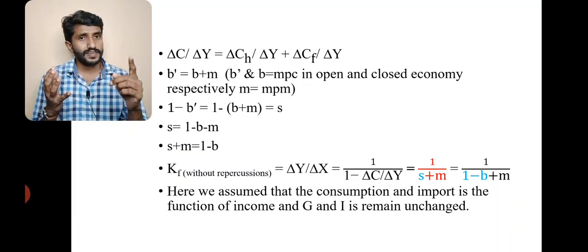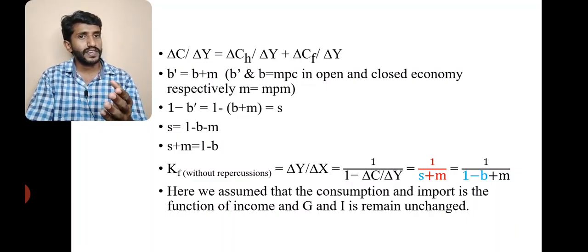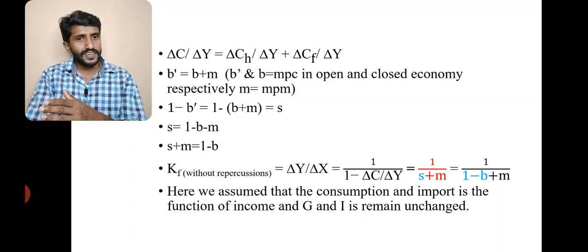Savings plus consumption is equal to total income y, which you already know. So 1 minus b will be equal to 1 minus b plus m, because both are included there. It will be equal to savings. So S is equal to 1 minus b minus m.